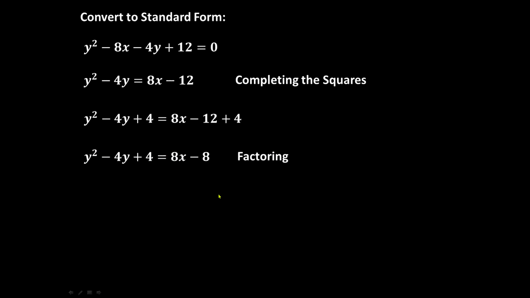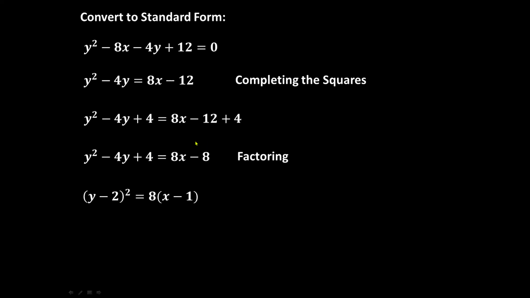A review of your algebra. Sa left-hand side, if I will extract the square root of y squared, that is y. The square root of 4 is 2. So, y, ano yung middle sign dito? Negative. So, ang factor ko dito, y minus 2 and then square. The square of y minus 2 is equal to 8 times x minus 1.